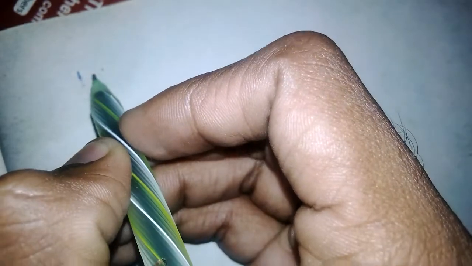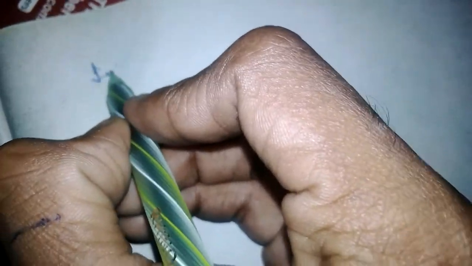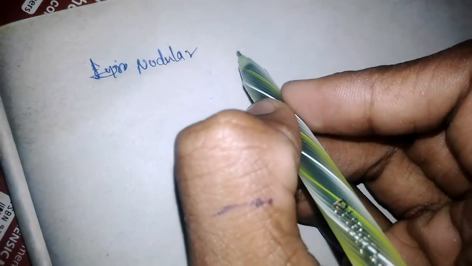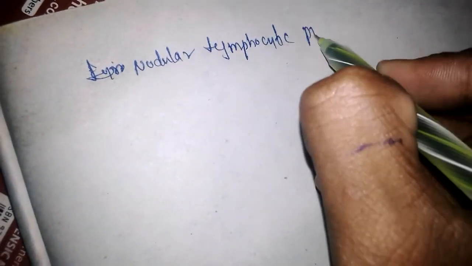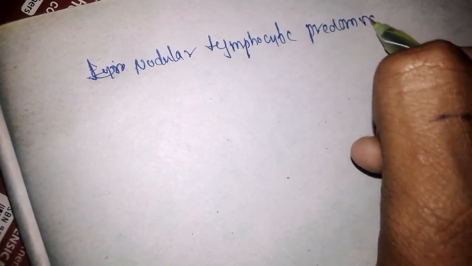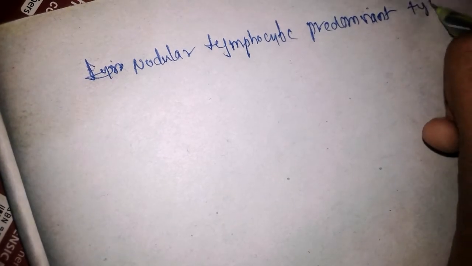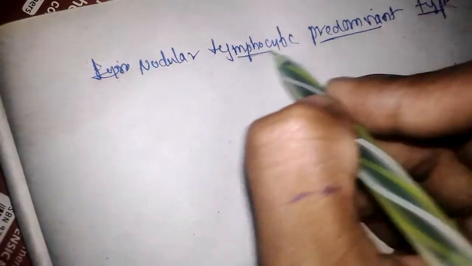Then moving to another type which is there in the WHO classification, that is nodular lymphocyte predominant variant, right? Nodular lymphocyte predominant type. It is there in the WHO classification as the second type.